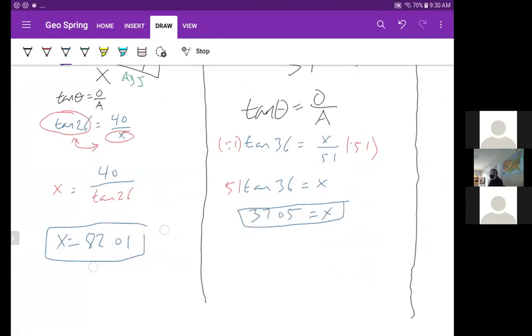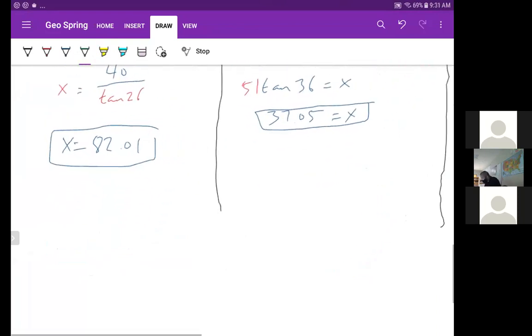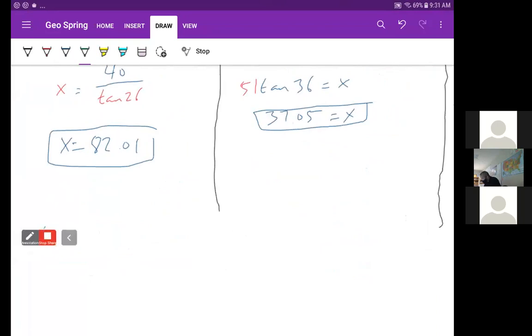If you don't understand that shortcut and why I'm doing it, here is what's happening. You have tangent of 26 equals 40 divided by x. If you did the shortcut, you can fast forward to this part of the video, unless you're watching this live, then you just have to wait for me. So what I'll do is multiply both sides by x. Then you have x tangent 26 equals 40x divided by x.